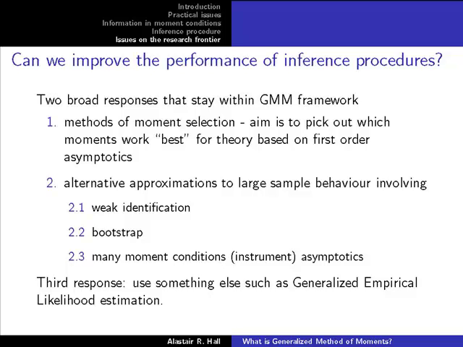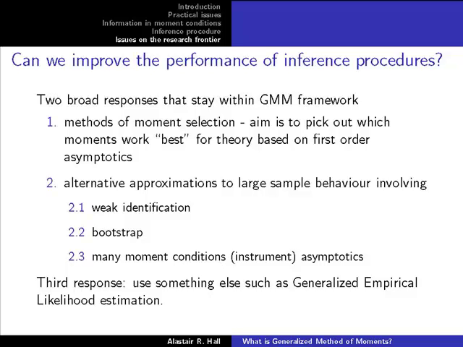A second approach has been to say, I don't think that this first order asymptotic theory is such a great idea. I'm going to consider alternative approximations to develop a large sample theory, an alternative asymptotic framework, to come up with inference procedures.